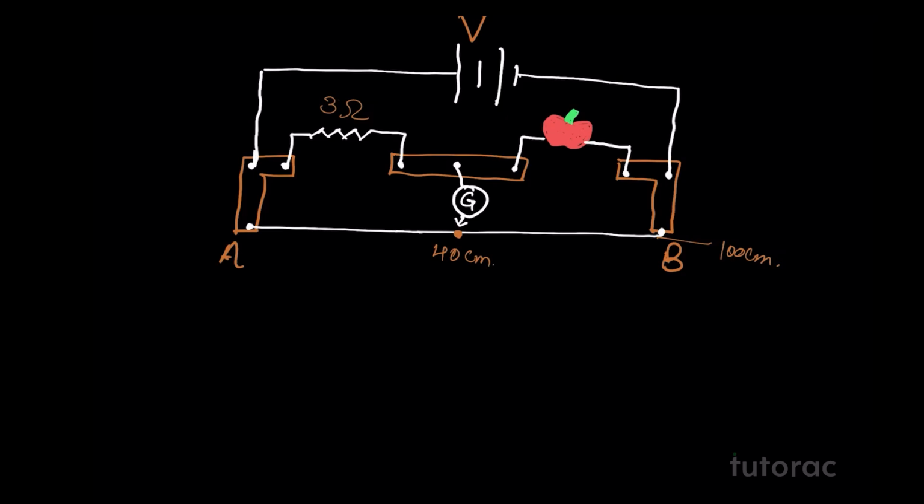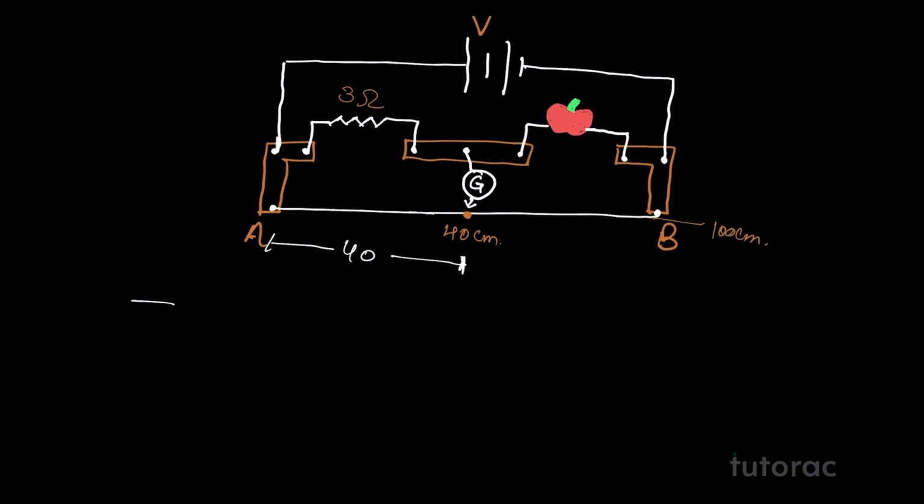Let us see one practical example based on this. Suppose now I have the actual values, and again we have to calculate the resistance of this unknown wire here. We'll follow the same logic: this is a 3 ohm resistance and this is the 40 centimeter length where we get the null point. So we know that it will be balanced.